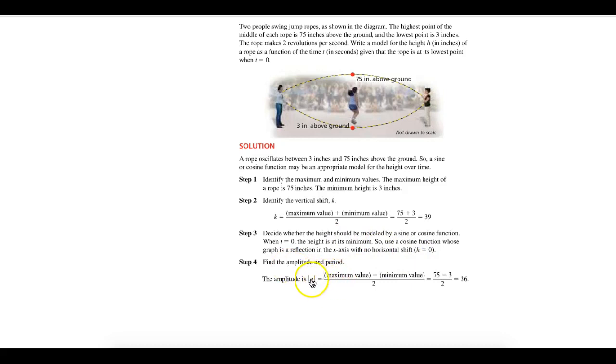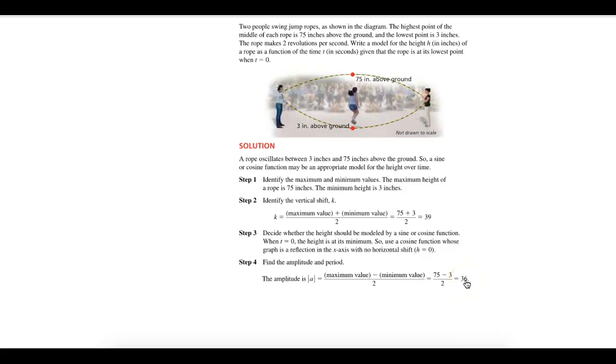Now remember, the amplitude is the maximum value minus the minimum value divided by 2. So the amplitude of this is going to be 75 minus 3 divided by 2. So it's going to be the height from the midline to our maximum value.